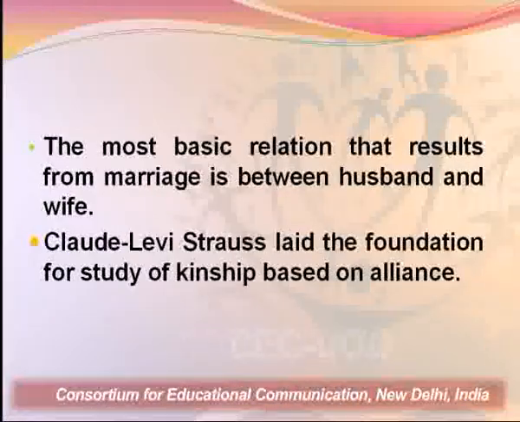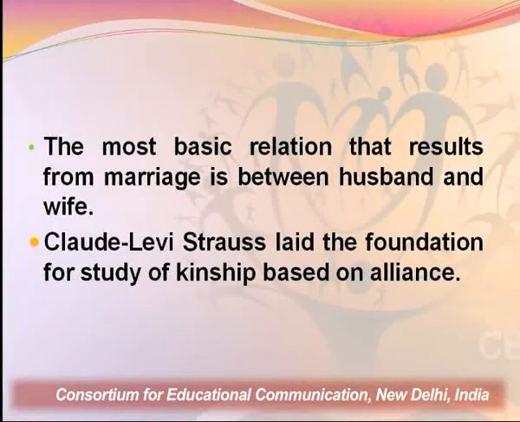The most basic relation that results from marriage is between husband and wife. In the coming lectures, I will be talking about the alliance approach to kinship. We will see the contribution of Claude Lévi-Strauss, who laid the foundation of the study of kinship based on alliance. According to Lévi-Strauss, it was alliance, or the circulation of women within the group or between groups, that actually led to the establishment of social structure.